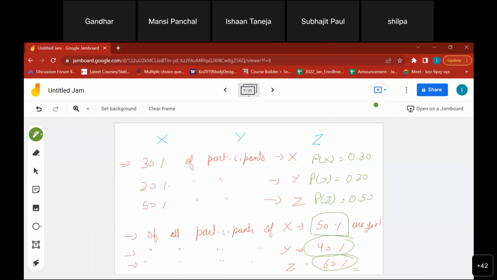Now let's modify the question a bit. Suppose the question says that if the selected participant is a girl, then what is the probability that she is from college X? How would you compute it?